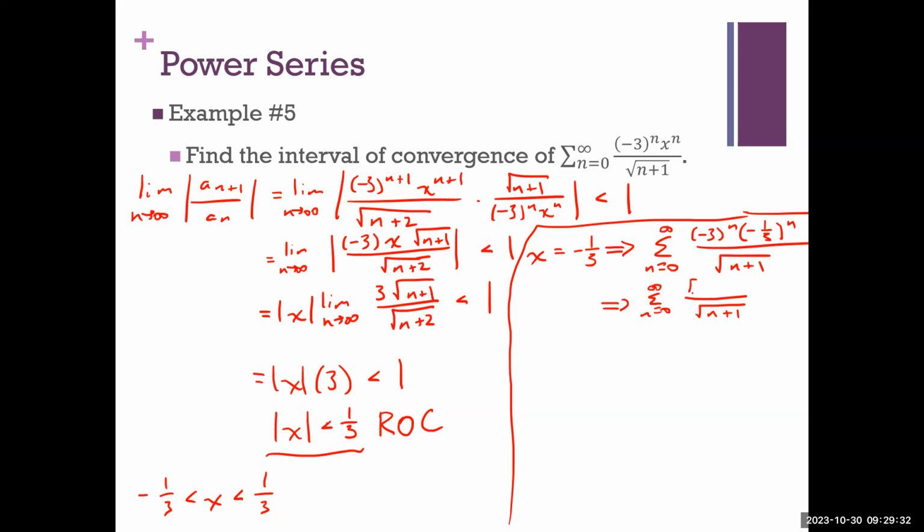So I can collect them: -3 times -1/3, to the power of n. What is -3 times -1/3? 1. Simply 1. So this series becomes 1 over radical n plus 1. Don't think I can simplify it anymore, but do I know what that series does?